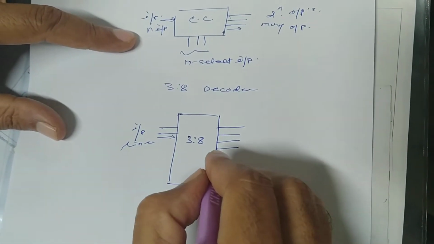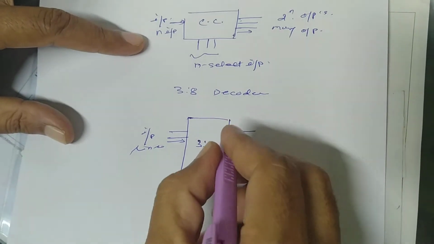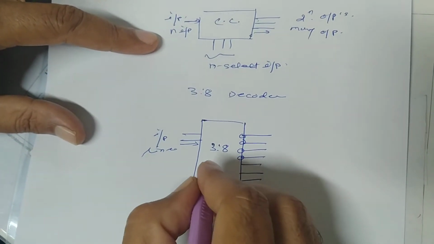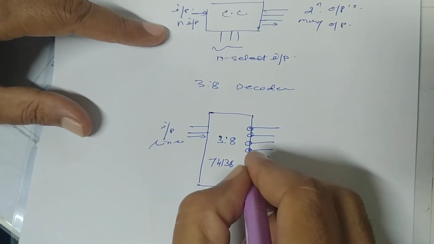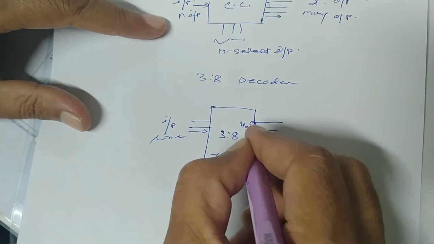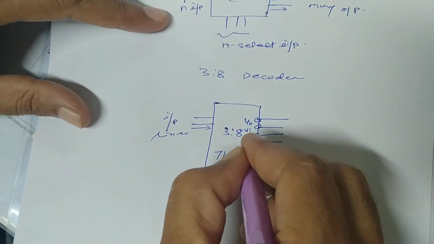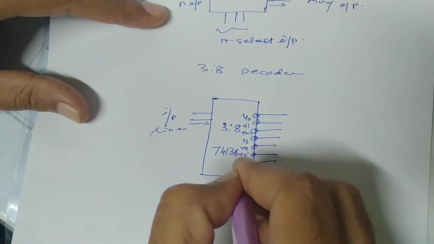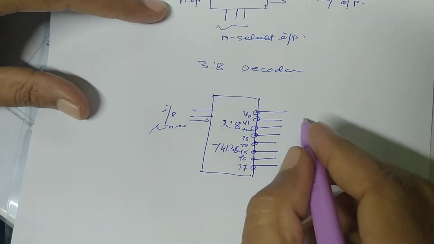These are the complementary outputs, particularly this 74138 has complementary outputs. This is Y0, Y1, Y2, Y3, Y4, Y5, Y6 and Y7. These are the outputs.